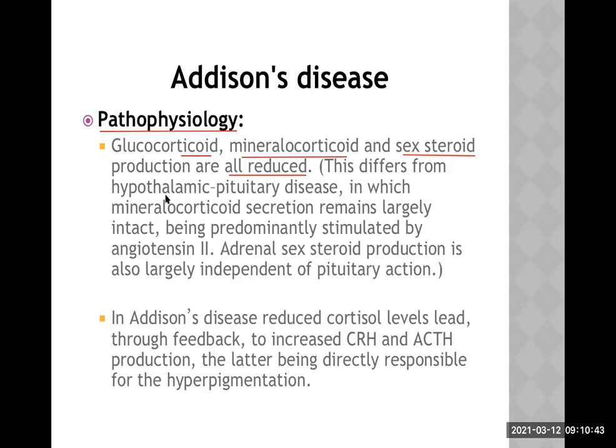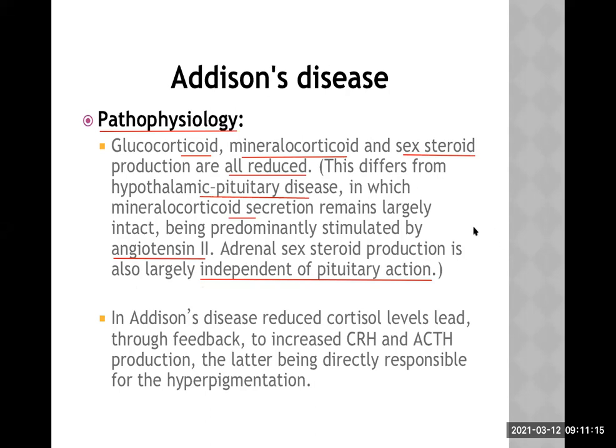This differs from hypothalamic pituitary disease, in which mineralocorticoid secretion remains largely intact, being predominantly stimulated by angiotensin II, whereas adrenal sex steroid production is also largely independent of pituitary action. That's what I discussed just now: ACTH, which comes from the pituitary gland, predominantly stimulates cortisol secretion.